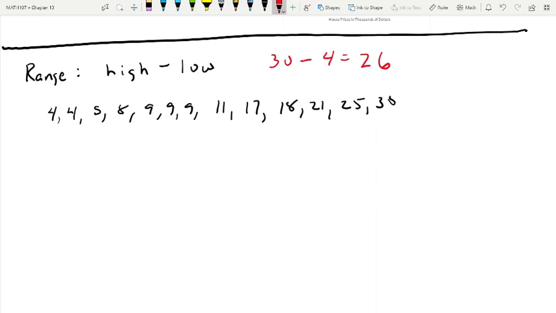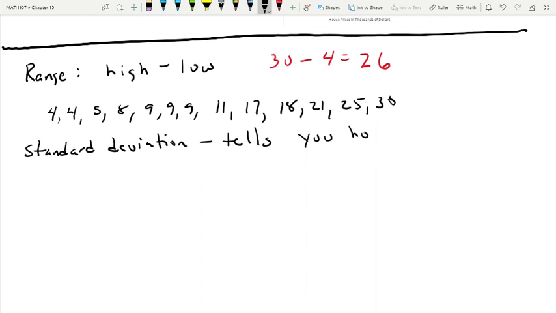And then the other number we're going to look at here now is the standard deviation. Standard deviation basically tells you how dispersed the data is. And so we're going to go through the process here for this set of numbers.